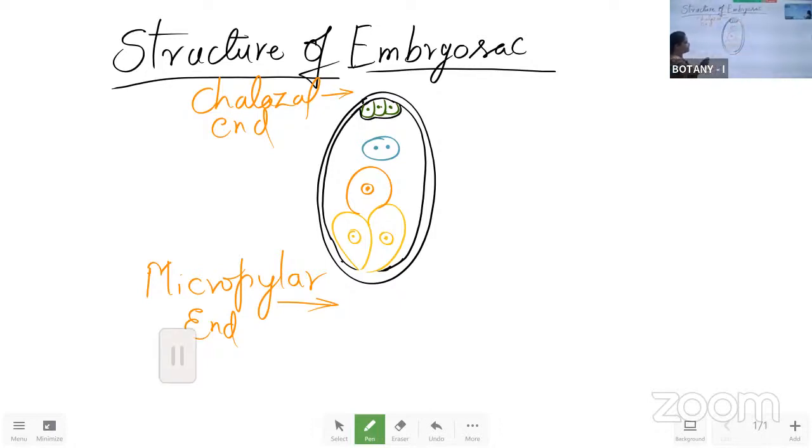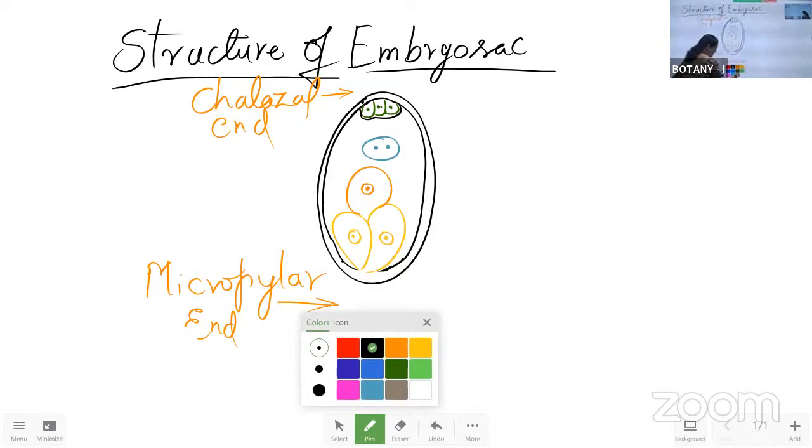Like this, if we draw the diagram, then clearly we can give the labeling. And if we remember the labeling and the diagram, we can explain the structure of the embryo sac very easily. It's very easy. So the diagram we should know first so that we can give the labeling part and the other respective parts.